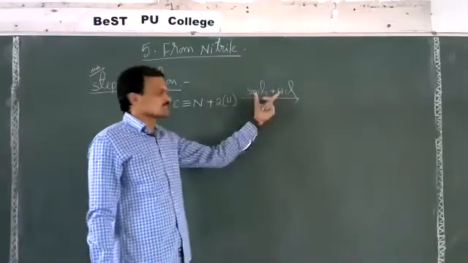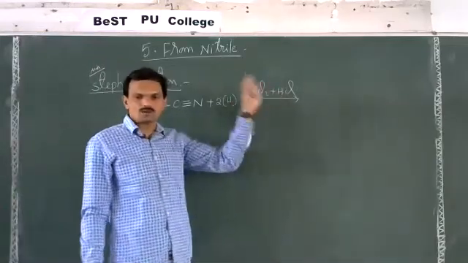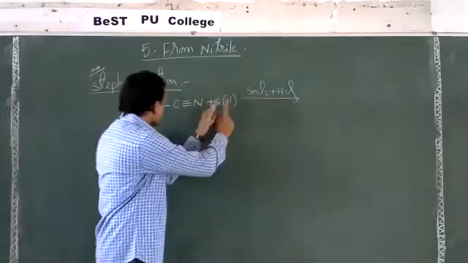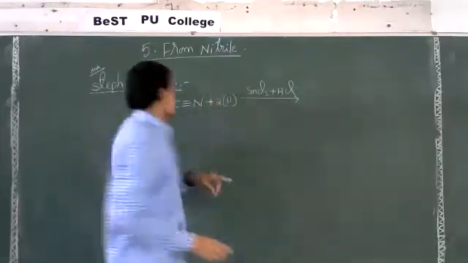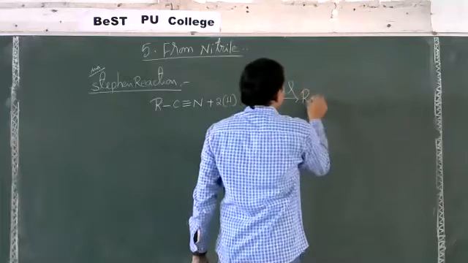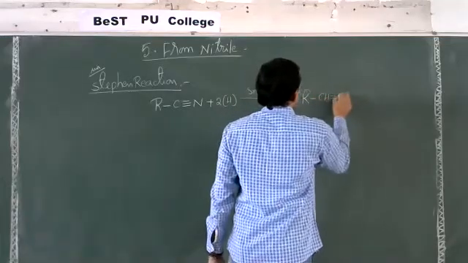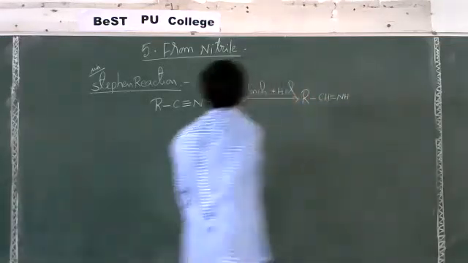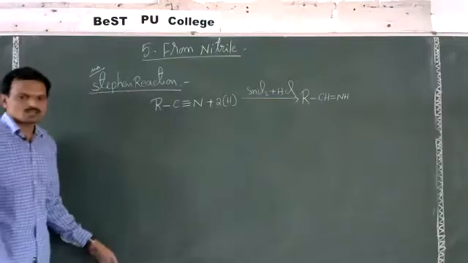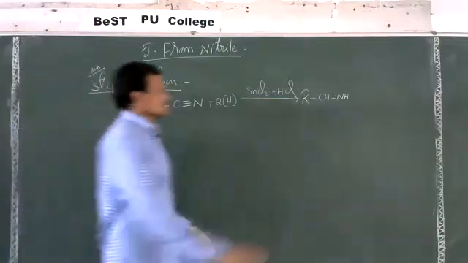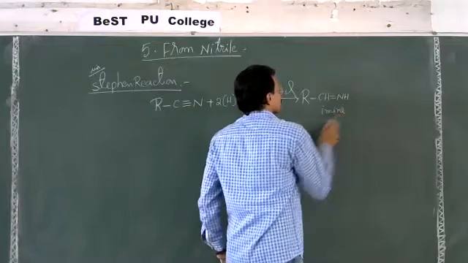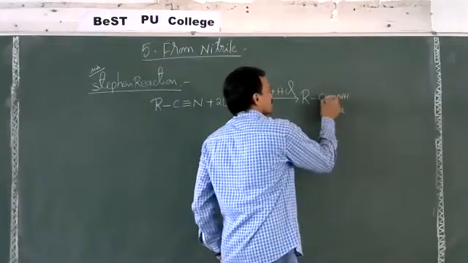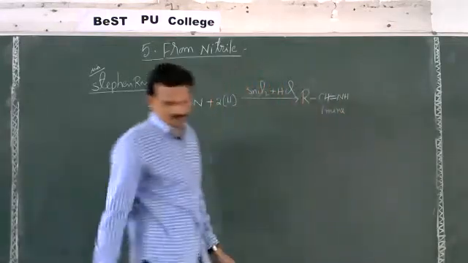Here first stannous chloride reacts with HCl and produces hydrogen. That hydrogen can reduce this nitrile to give an imine first, RCH double bond NH. So this is known as an imine.